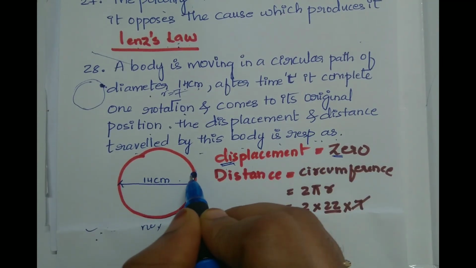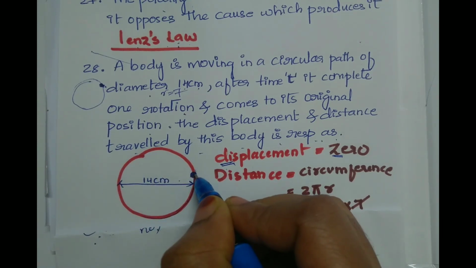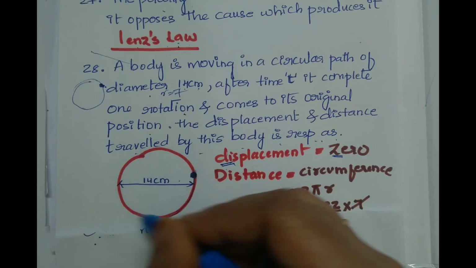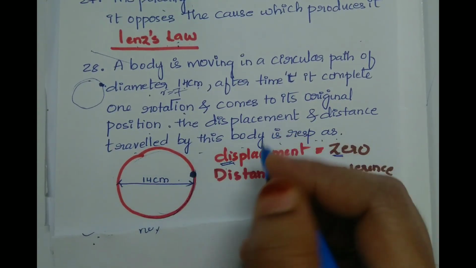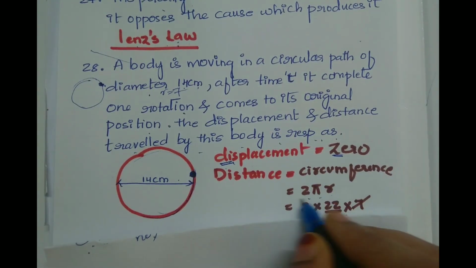Now what is the distance traveled? We know this is a circle. To complete one rotation, a body needs to cover the circumference of the circle. So the distance traveled is the circumference of the circle, that is 2 pi r.